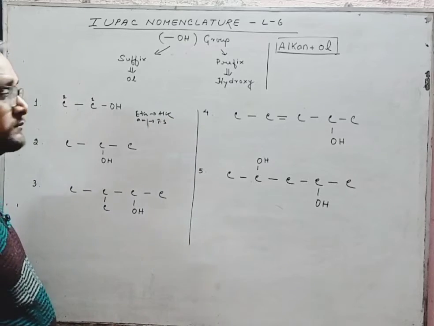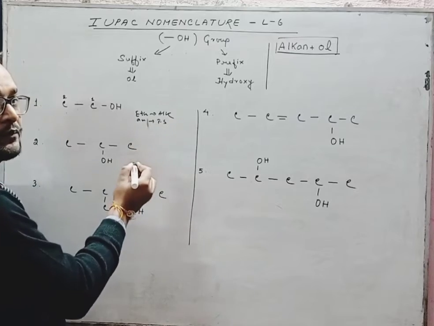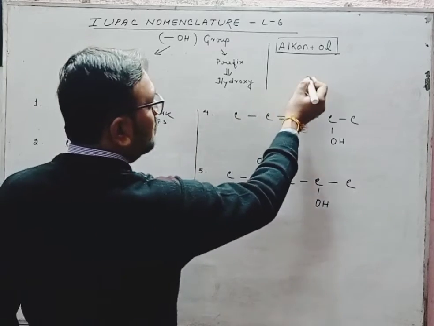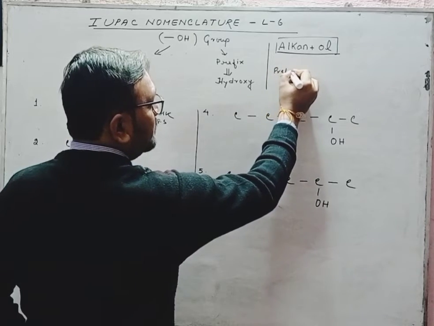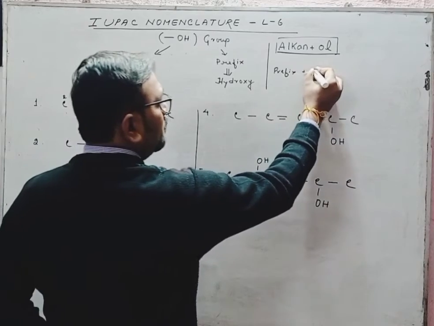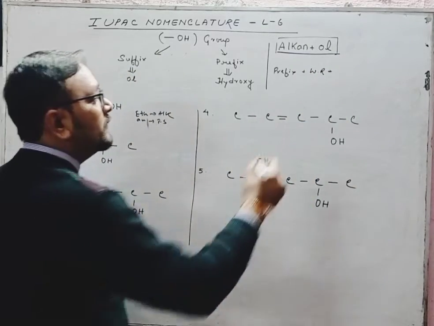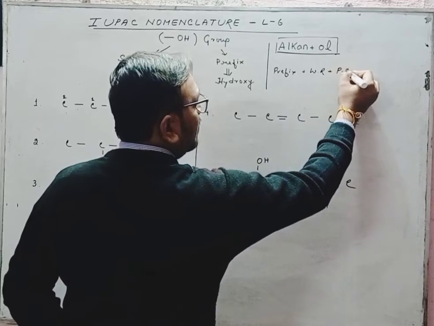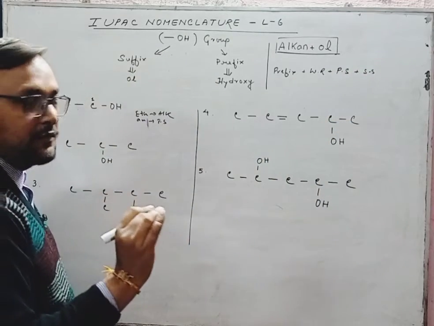When these two combine, we get ethan. The format is: you write the prefix first, if any prefix is there, then your word root, then the primary suffix, and finally the secondary suffix. This is the normal format of IUPAC.